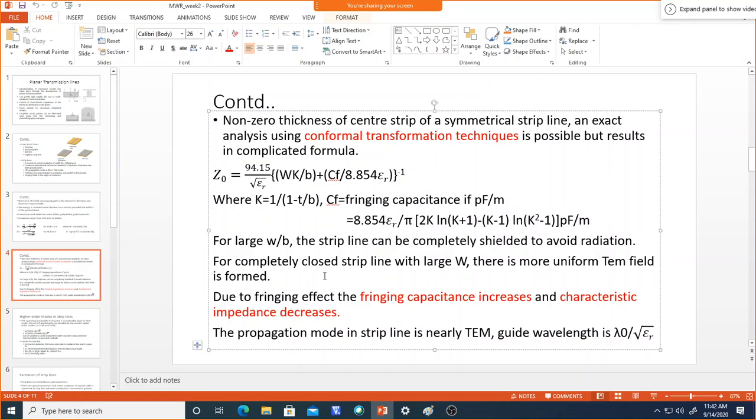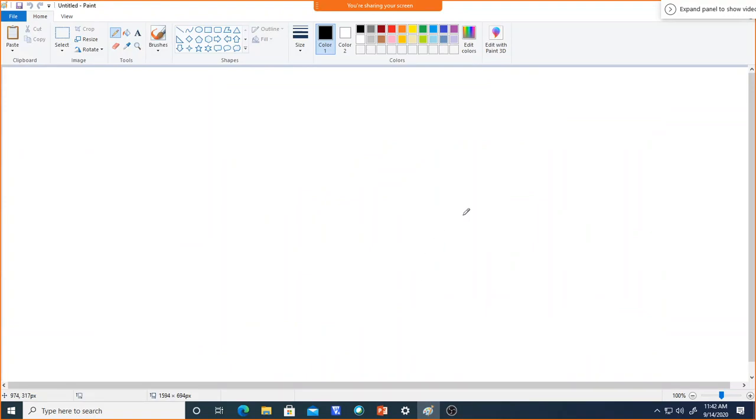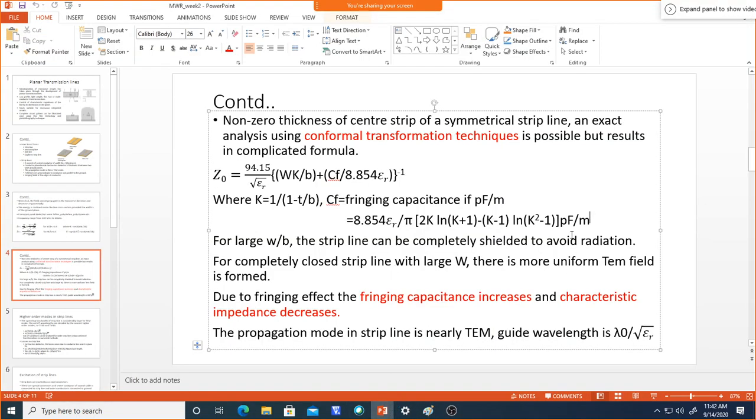For a completely closed strip line with large W there are more uniform TEM fields. As I said, the mode of propagation is TEM. For large W, that is the width of the conductor, the field will be very much uniform.